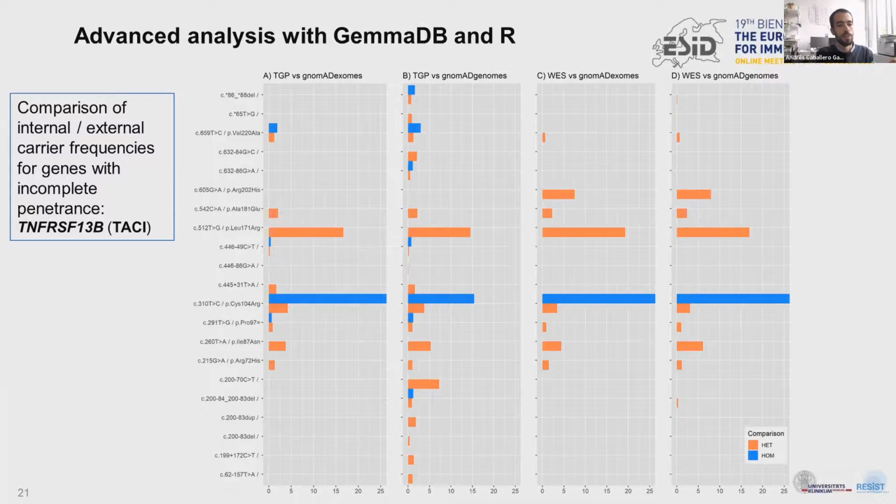You could compare the frequency of certain specific mutations in the gene in comparison with external databases such as gnomAD. What we could see here is that, for instance, the 104, one of the most common mutations in TACI, is enriched in our PID cohort. It is 25 times more common in our cohort than in external databases, supporting the role of this variant in disease.